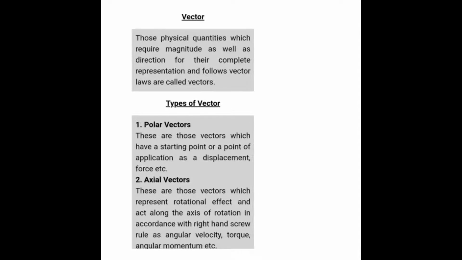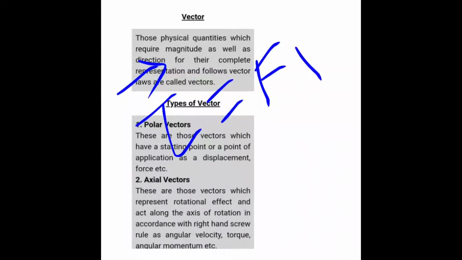Now axial vectors are those vectors which represent a rotational effect, like torque. Torque is also a vector quantity. Torque equals force into perpendicular distance. So this is also an axial vector. That means it gives a rotational effect.